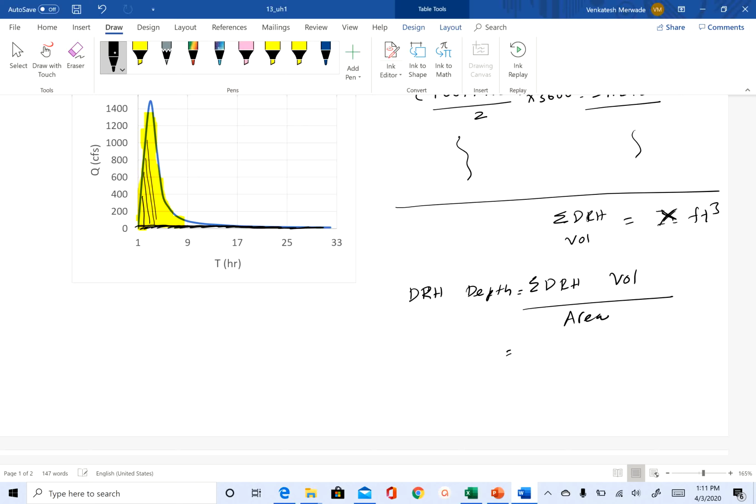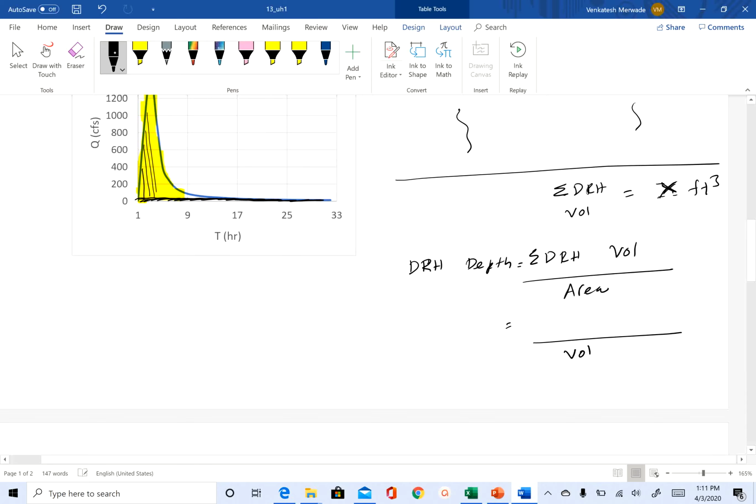So area in this case is 7.73 square miles. So you need to convert that to feet: 5280 times 5280, and you will get some value in feet.